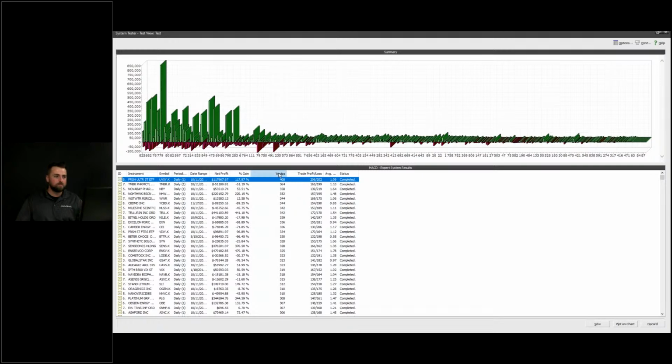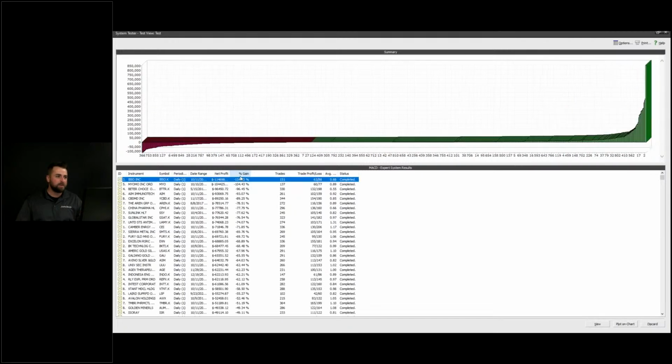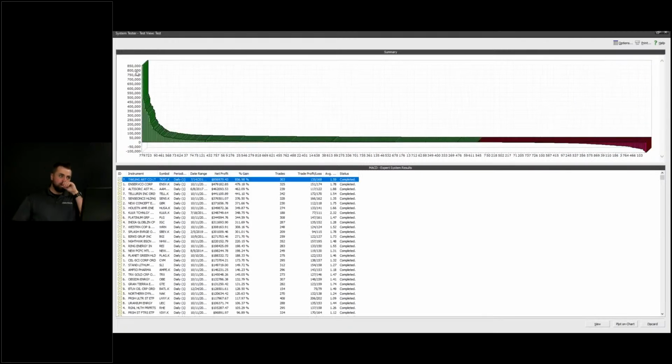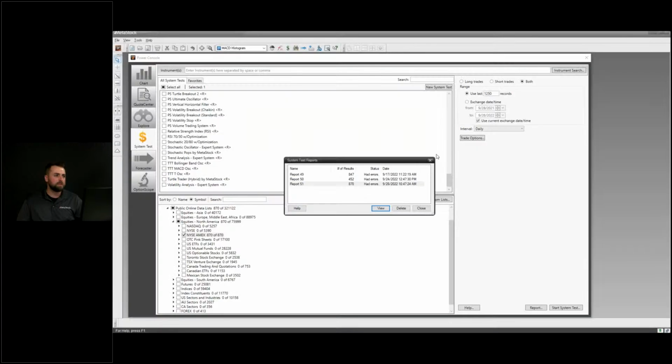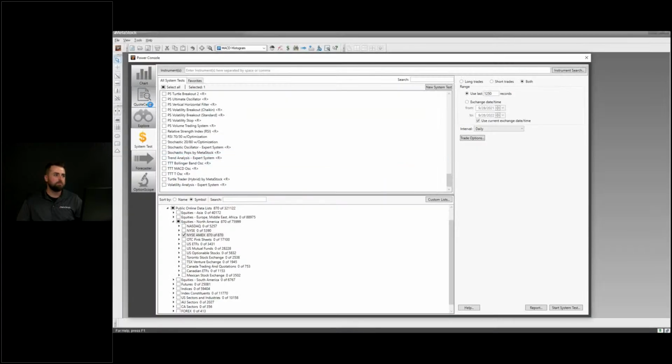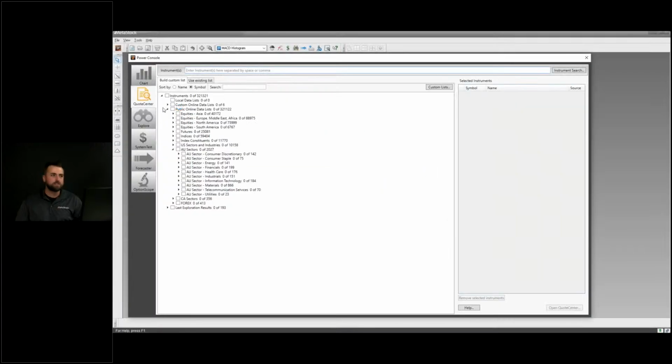But one thing to get back on the path that we were on before is, I could look at it like this, right? So I sorted it by percent gained again, and now I could take the top however many I want. I'm just shift clicking to grab a bunch, and I can copy these to my clipboard, and then maybe I want to go in and create a custom quote center.